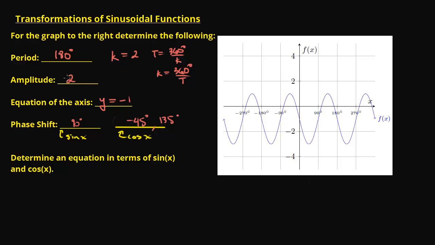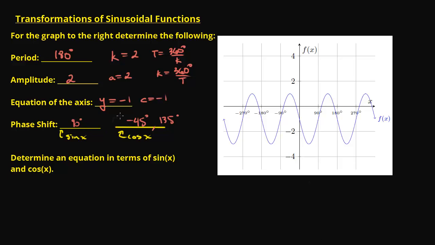The amplitude is just 2, and we don't have a reflection here. Since we included a phase shift instead of a reflection, a is equal to positive 2. The equation of the axis is y is equal to negative 1, so that means that c is equal to negative 1.